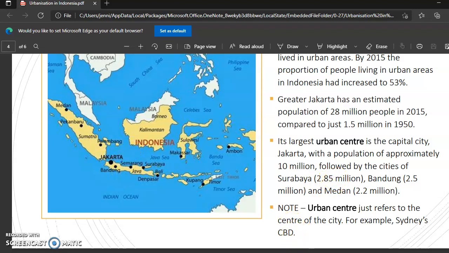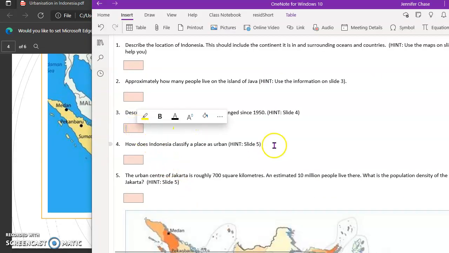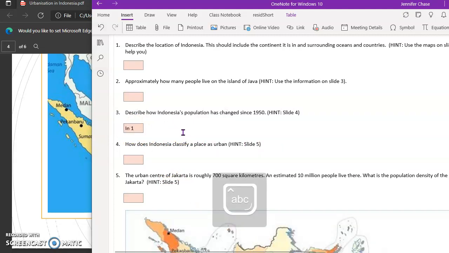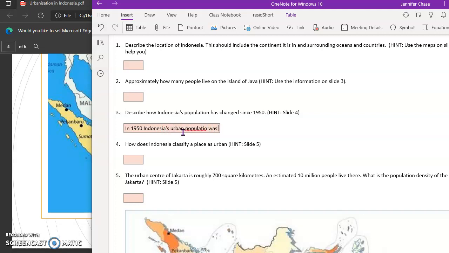Okay, so what I would do for this, guys, if I was you, I would say in 1950, Indonesia's urban population was at 15%. You might want to add in Jakarta information as well.